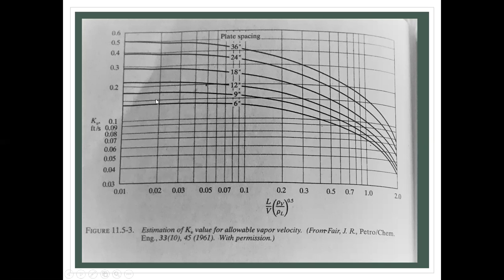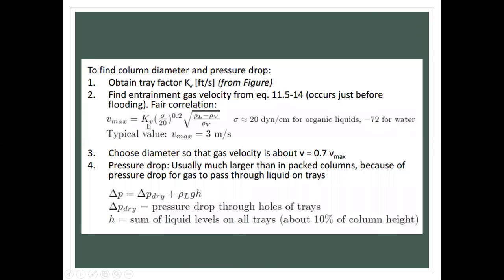Then read on the left the KV that you will use here, so that you will have the maximum velocity. Then use only 70% of that maximum velocity, so that you'll have the area of your column.